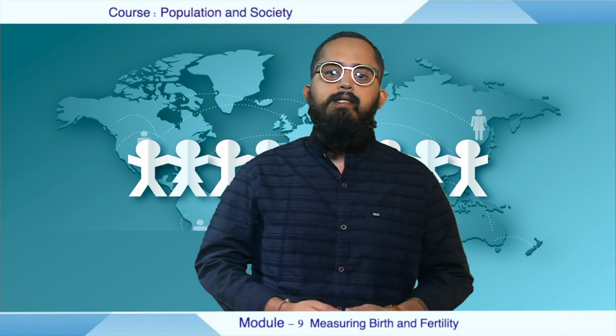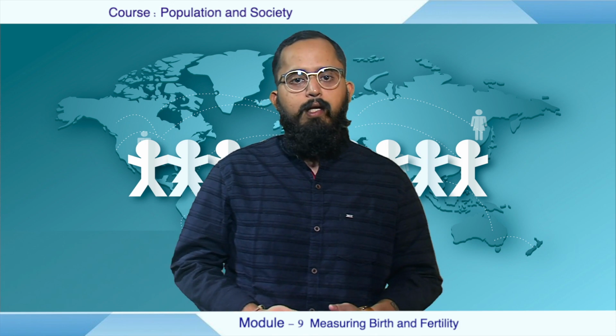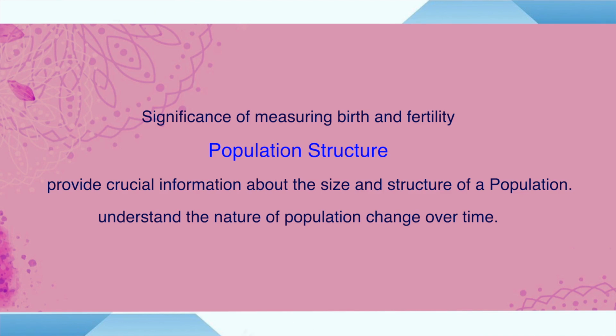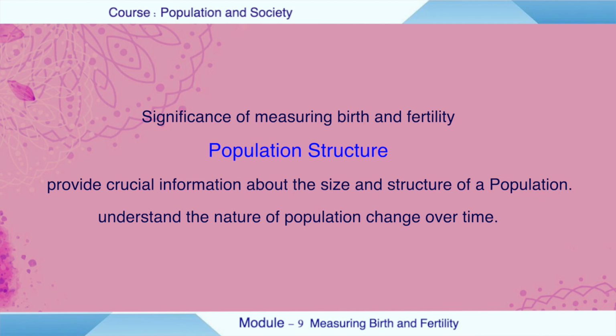Now, if you have to state the significance, you can see from the screen, the first significance is population structure. Birth and fertility rates are essential indicators of understanding population dynamics. They provide crucial information about the size and structure of a population, helping demographers and policymakers understand the nature of population change over time.